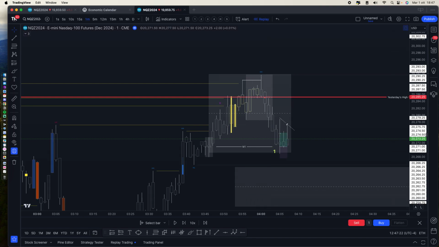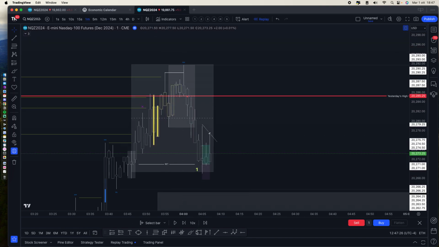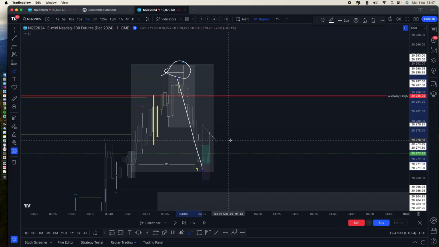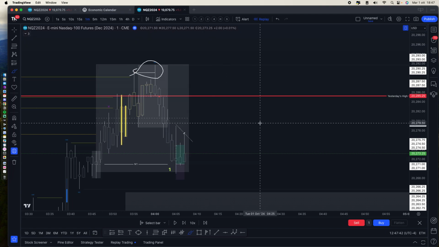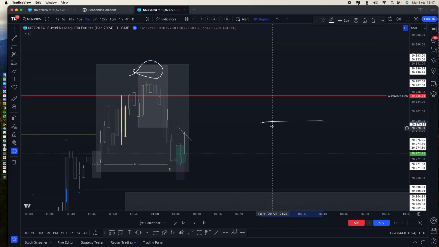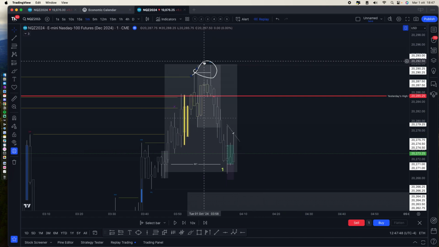The only thing I was worried about is this liquidity sweep here and a strong displacement against the main trend. This is typically something that is telling me that probably we are facing a reversal trend.